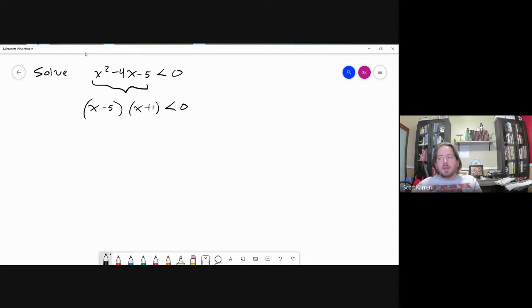And the reason I care about that is because I can set this equal to 0. Off to the side, I ask myself what happens when x minus 5 times x plus 1 is equal to 0.